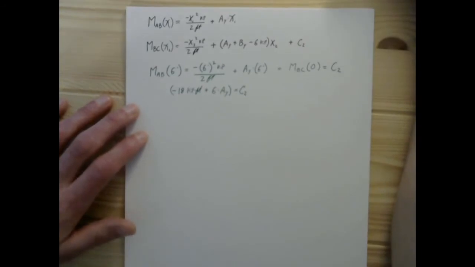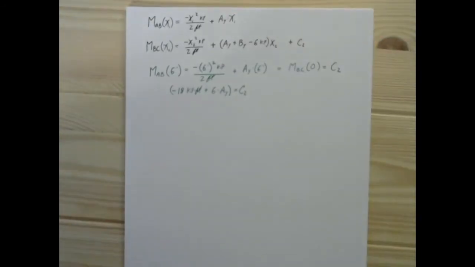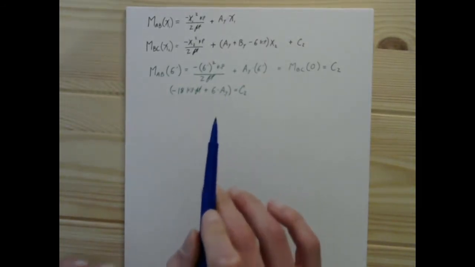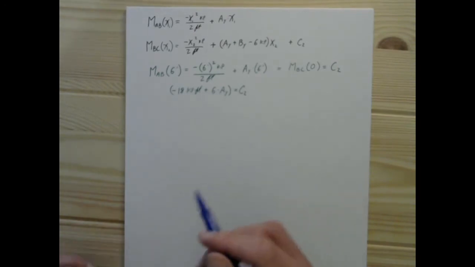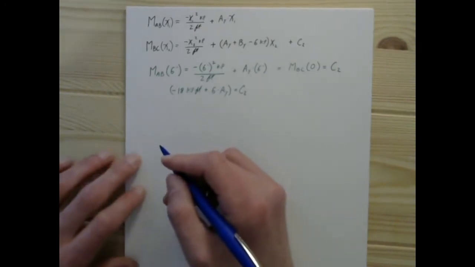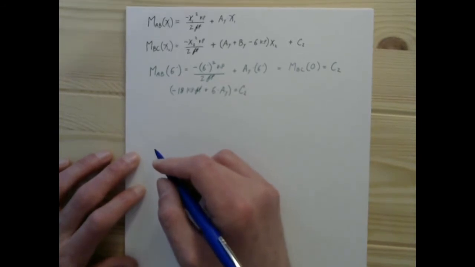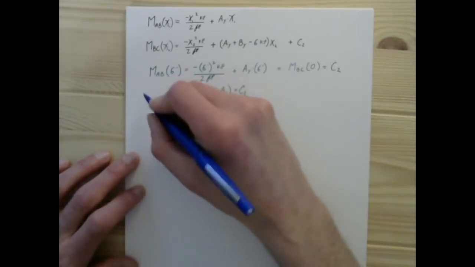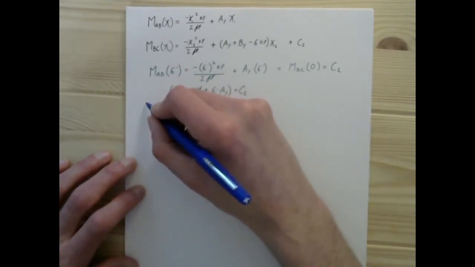Okay, so now we've got that solved. We've got our 2 moment equations. But that's not enough. We still don't know what AY is, and we still don't know what BY and CY are. So let's continue integrating and determine our rotations.